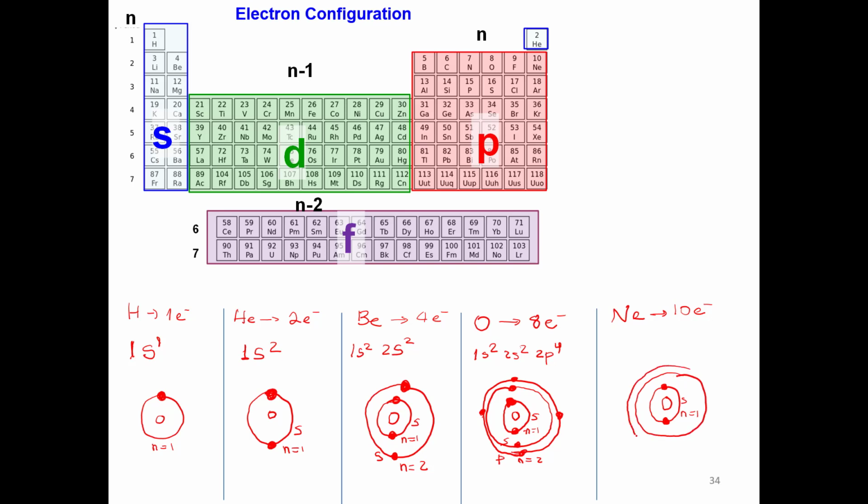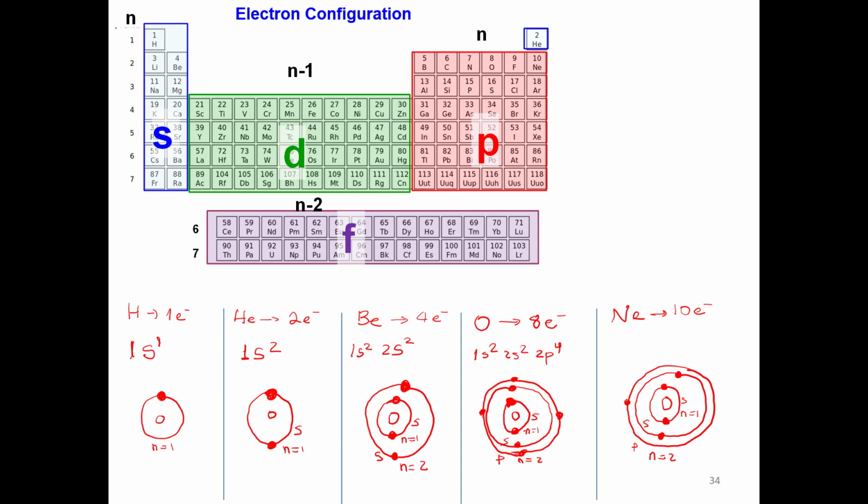And we know n equal 2 has 2 subshells, S and P. This is S, this is P. S maximum 2, P maximum 6, but we need 10. We have 2 already, then it's okay.